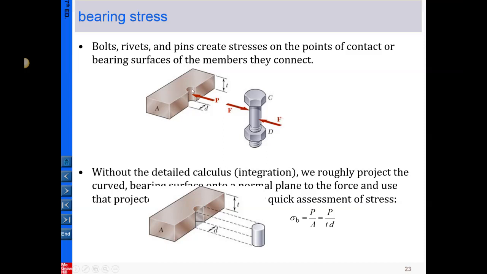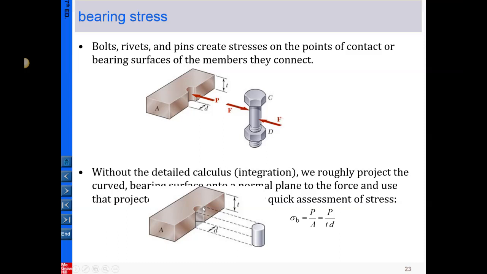That is a hole we drill to house the pin. Determining the stress along a curved surface is very involved, but for beginners, we can make a very rough estimation.